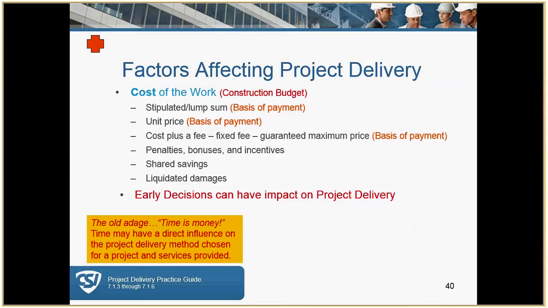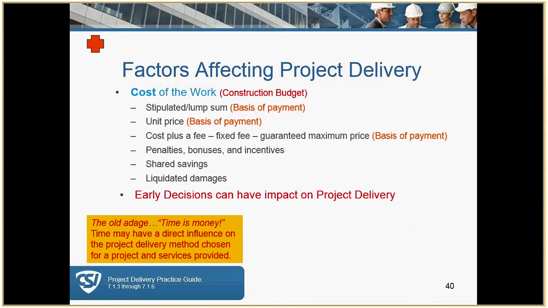And again, we've got a highlighted area. Time is money. Time may have direct influence on the project delivery method chosen for a project and services provided. Many examples of that: when you have a long period of time, you might want to select design build, because you have two parties in a contractual relationship and they need to work with each other for, let's say, 2 or 3 years.